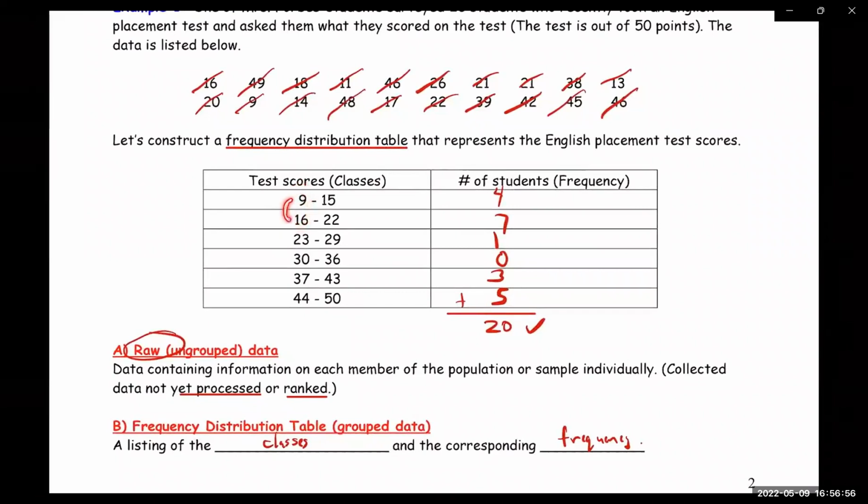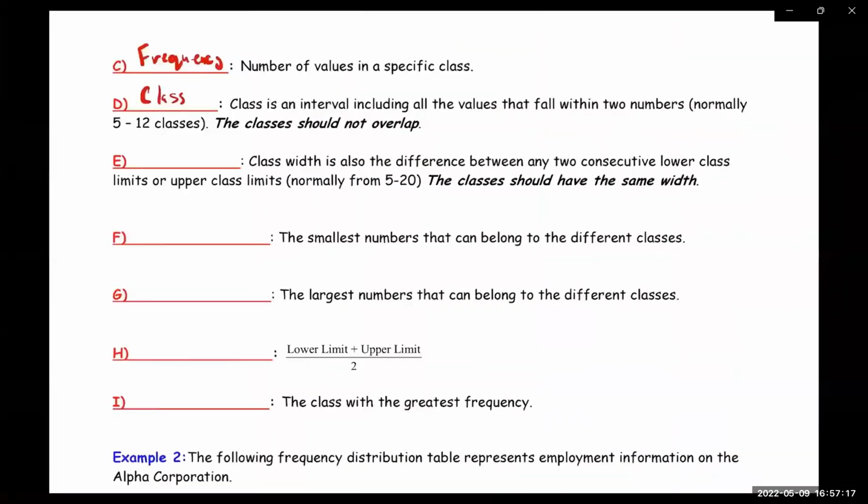So 16 take away 9 is 7. So that is the class width. And then you could also do 16 and 23. The difference is also 7. The difference between 23 and 30 is also 7. So they should all be the same. Okay, so that would be class width.